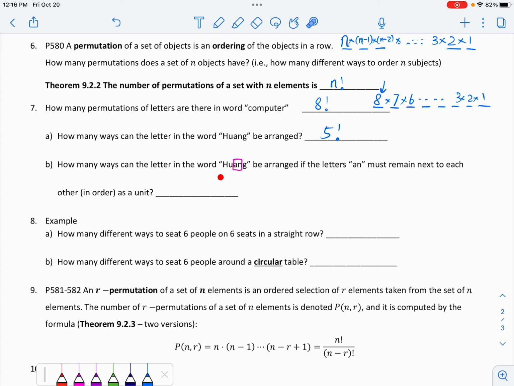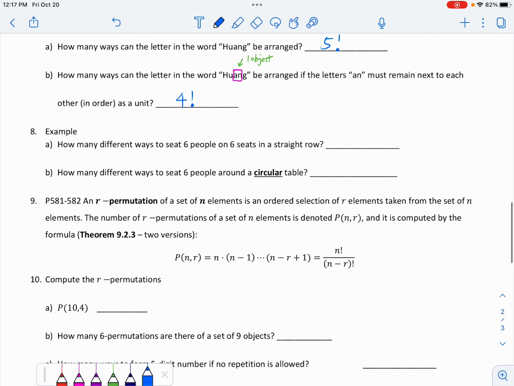In this case, how many ways can we rearrange the letters in this word Juan, with this restriction that an must be together? The trick is, think of this as one object. An have to stick together in the same order. So think of this as one object. So then you have 1, 2, 3, 4 objects to permute, right? So in this case, the correct answer will be 4 factorial.